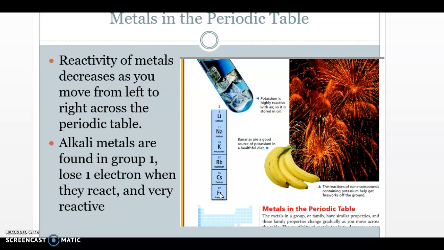And because these are found in group 1, the far left side, they only have one electron to bond with. So they have one electron in their outside shell that causes them to bond. They lose that one electron very easily, and because of that they bond with basically anything that will accept that electron. So here are some things that contain these particular metals, and they're highly reactive.